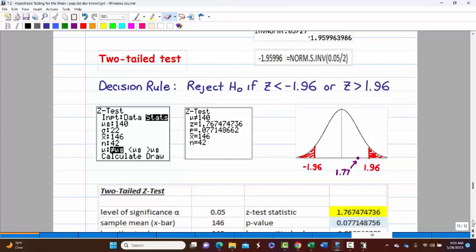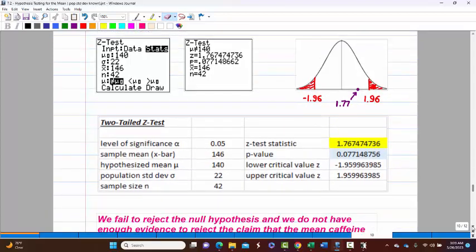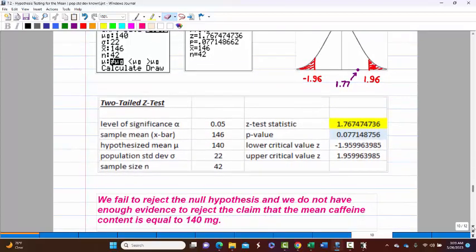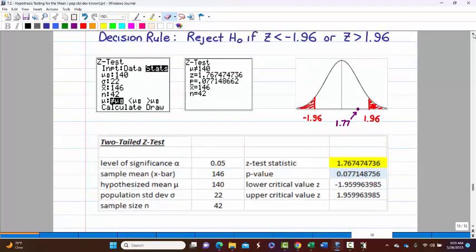And so in the spreadsheet, 0.05, sample mean is 146. Hypothesized mean is 140. Population standard deviation is 22. Sample size is 42.